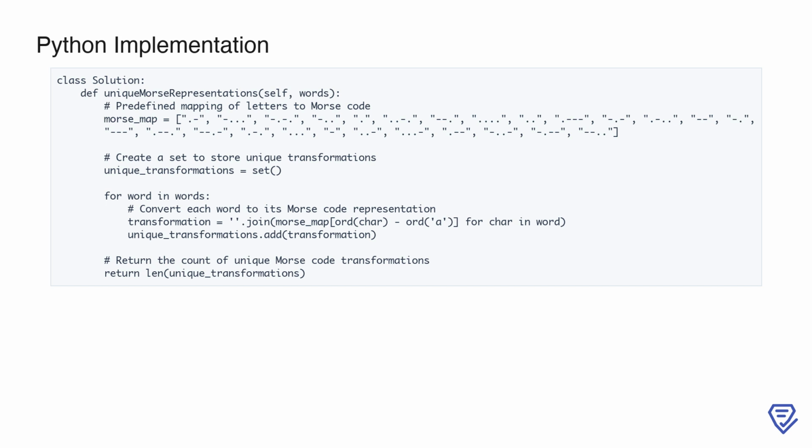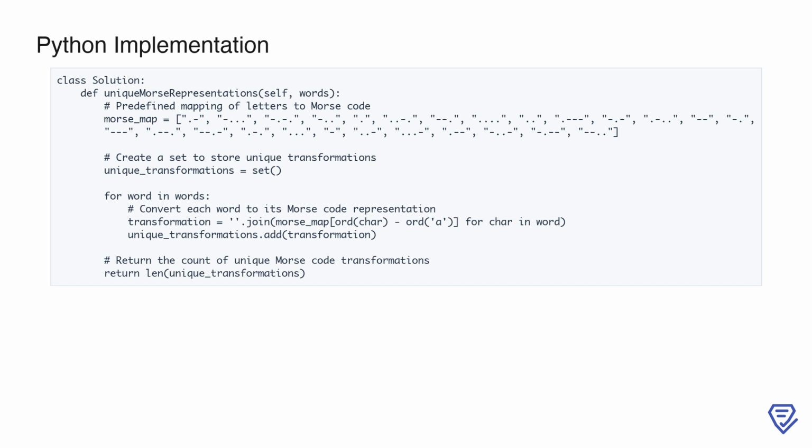The expression morse_map[ord(char) - ord('a')] computes the index of the character in the morse_map list. The ord function retrieves the ASCII value of the character, and subtracting ord('a') aligns it to the zero-based index of the alphabet. The transformed characters are concatenated using .join to form the full Morse code transformation of the word. This transformation is then added to the unique_transformations set.